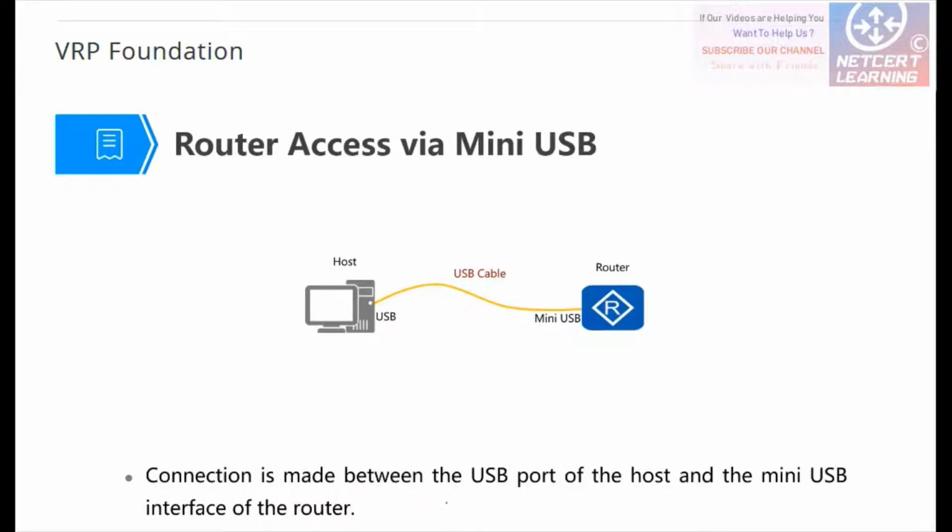Another method is to use the USB, mini USB. On the router, there's another interface, that's the mini USB. You use a USB line and connect to your computer. After your connection, we also need software. But for the USB connection, you first need to install a driver.